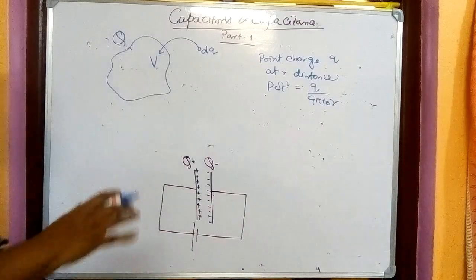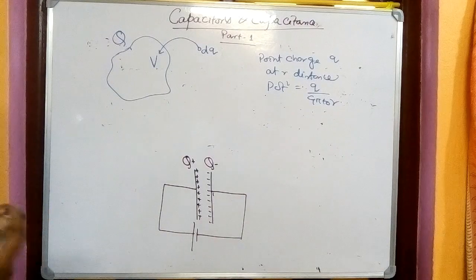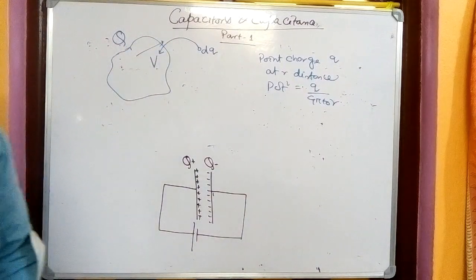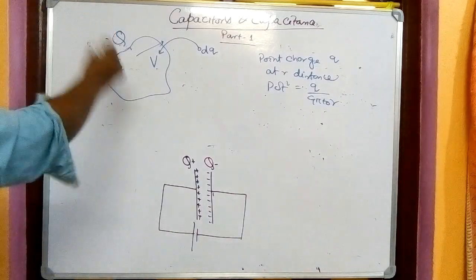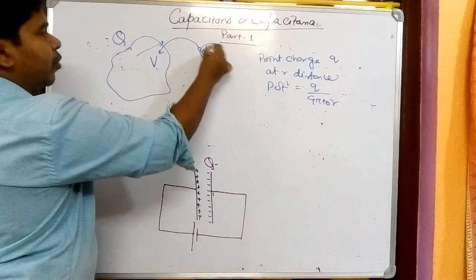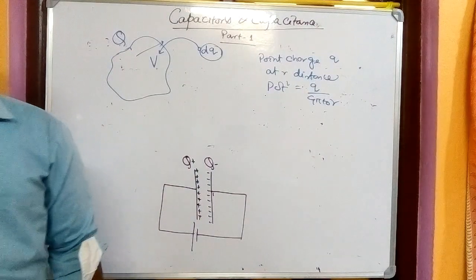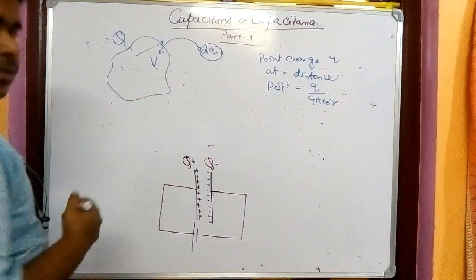If the distance is constant, then the more charge, the more potential is created, and more potential means more repulsion to the charge coming in. So you need to do more work to give that small amount of charge to the conductor. Initially, whenever you take the small charge dq, you do some work. For the next dq, the work done should be increased.